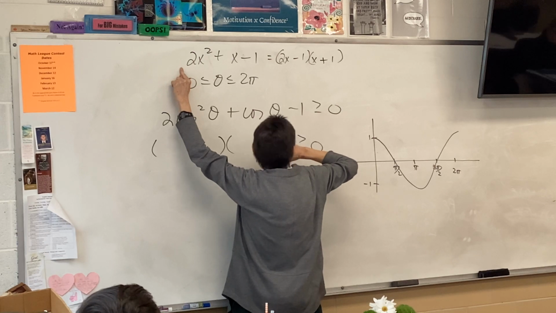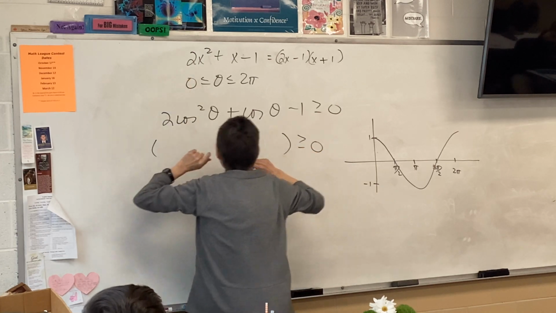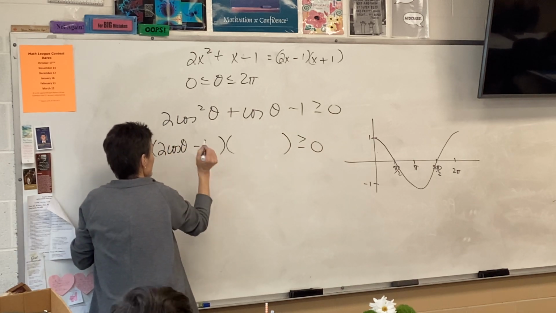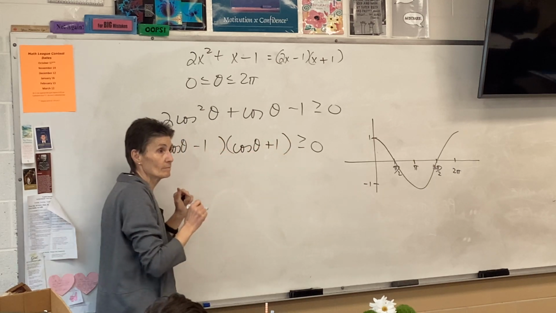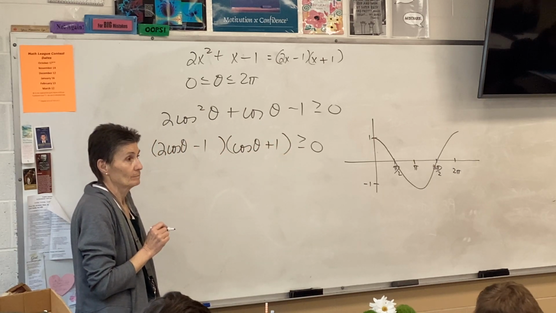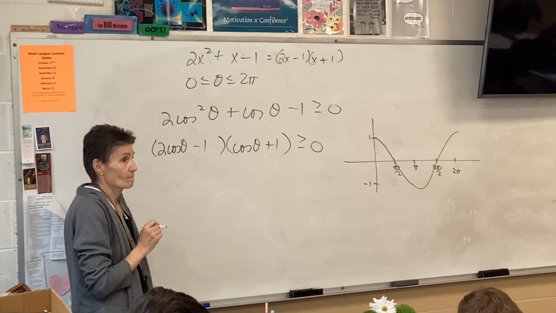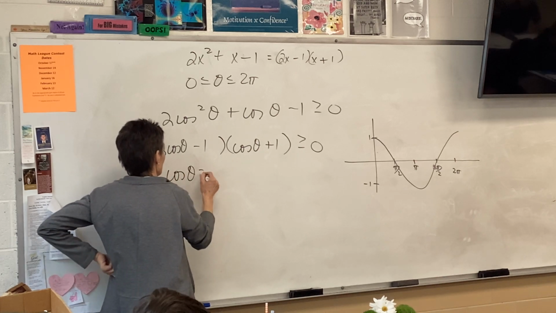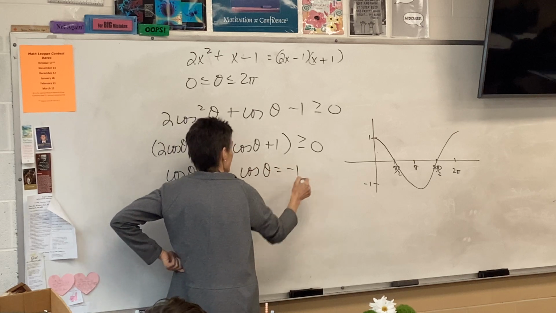Is that how it factors? Could be. Okay, so for our problem, that's 2 cosine minus 1 and cosine plus 1, which means that cosine equals a half, or cosine equals -1.